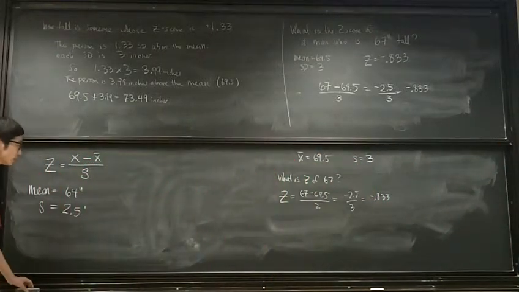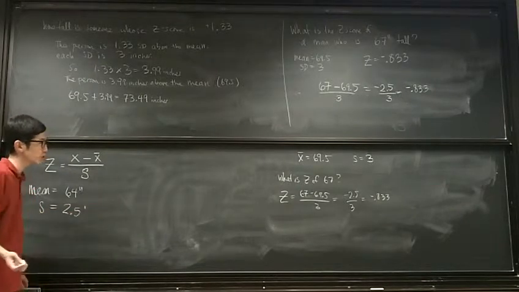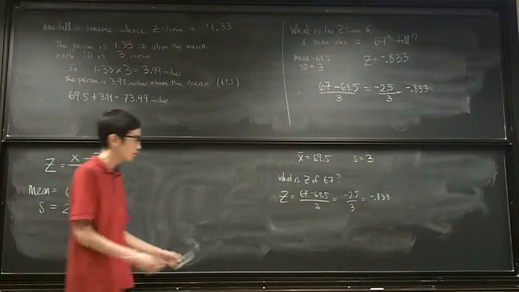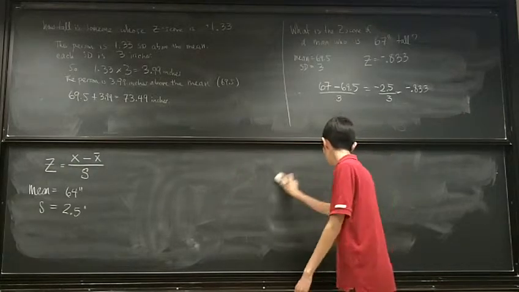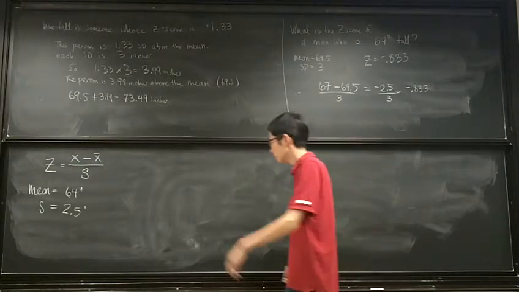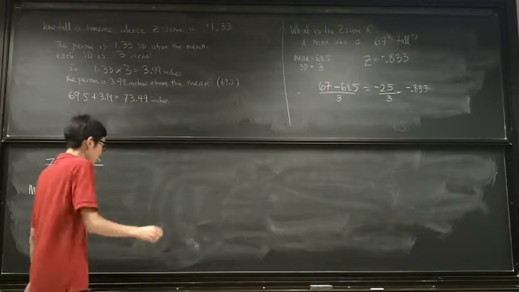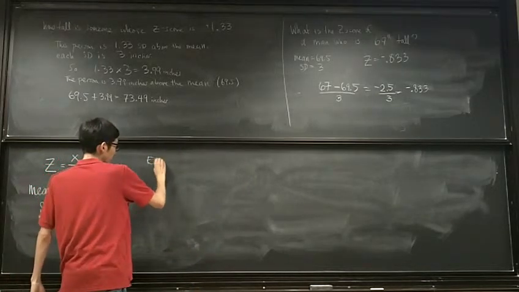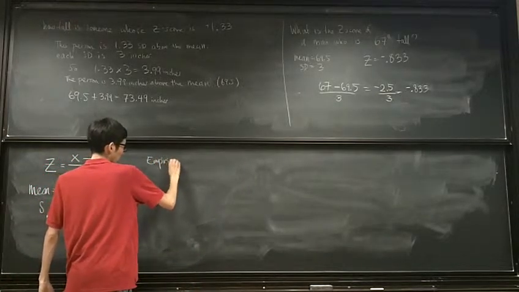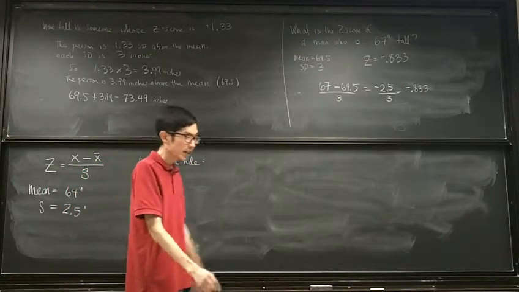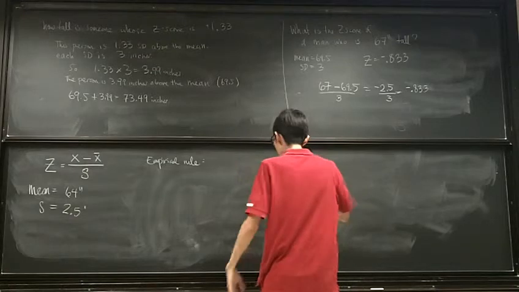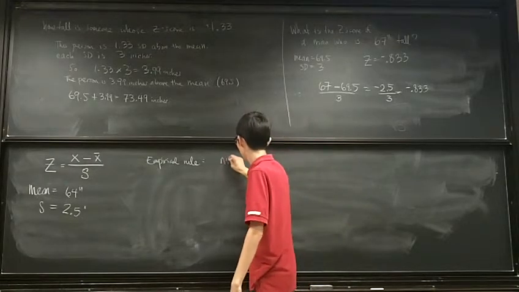Okay. When we compare z-scores, we can get an idea of what is more extreme. So this is known as the empirical rule. And this is for if we're looking at a numeric variable that's unimodal and symmetric.